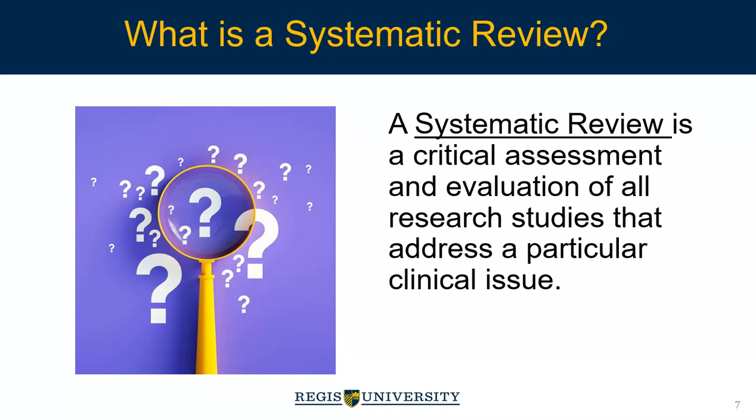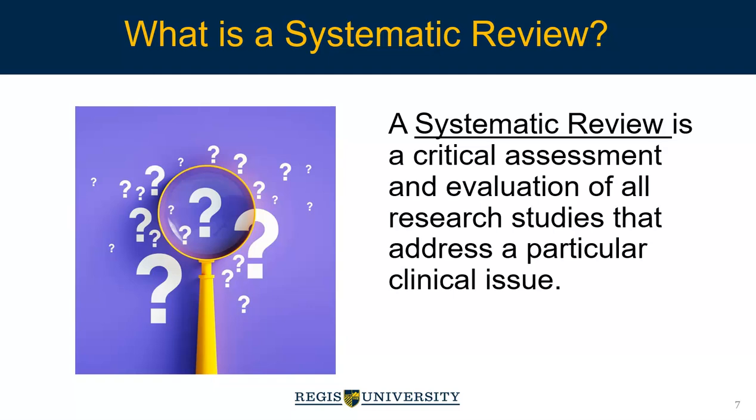So with a systematic review, what you will see in these studies is that they look at and review numerous clinical research studies to evaluate the best course of a treatment or any other sort of clinical issue. They're very comprehensive and very detailed, and they tend to be the type of study that most students want to find to answer their question.